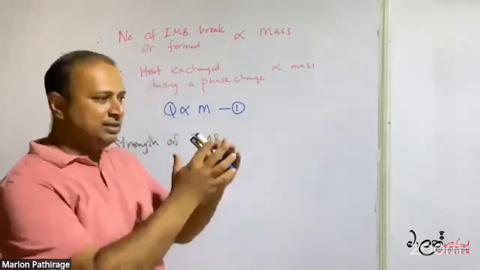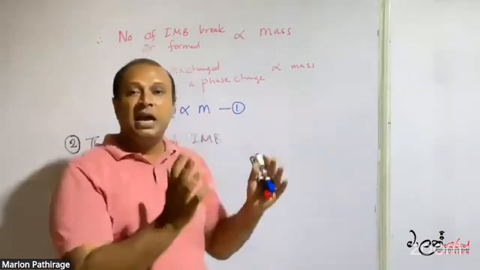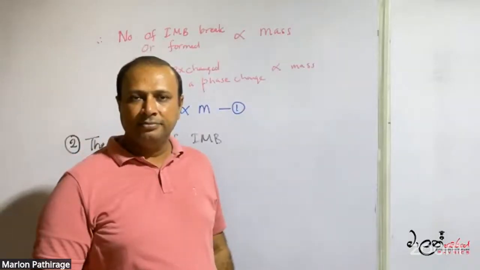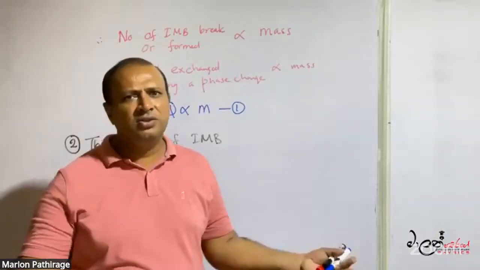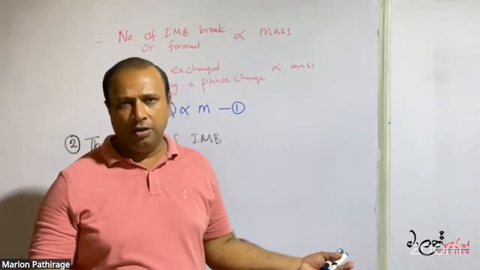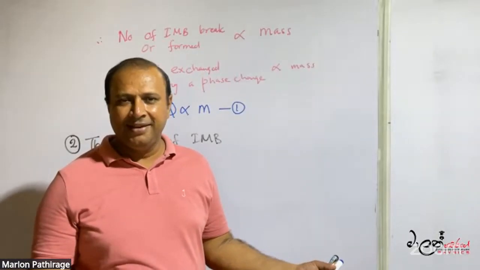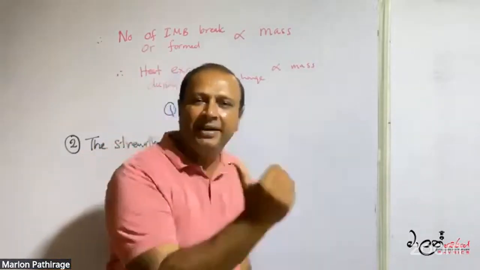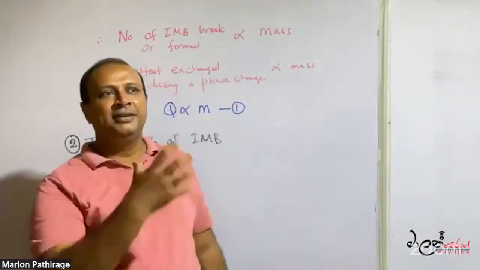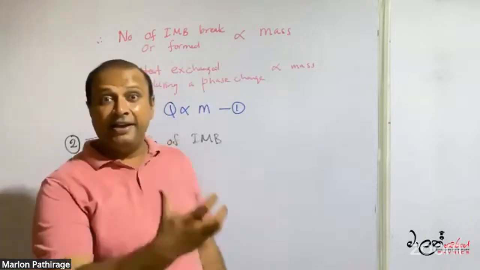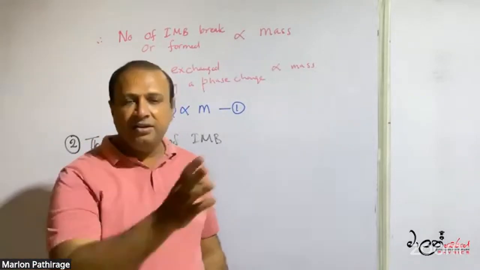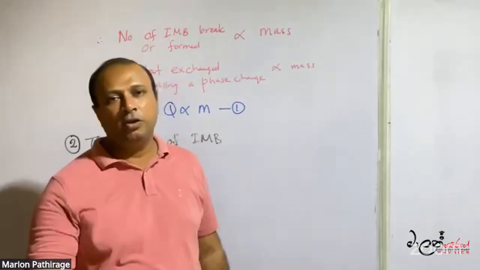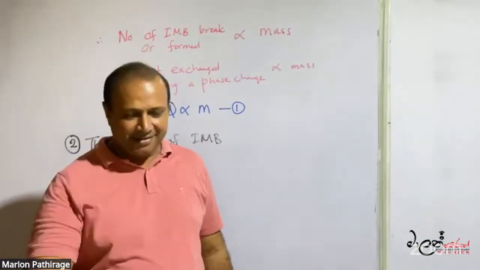If we consider a ferrous, that means iron ball, and a plastic ball, definitely those are two ranges of intermolecular bonds. Again, if you consider an iron ball and water, there are two types of material with different intermolecular bonds, and the strength also varies.